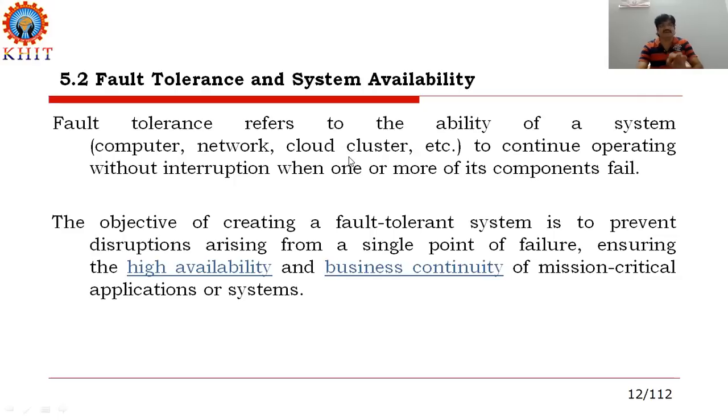If any server machine fails, the entire system does not fail. Why? Because if one server fails, the traffic will divert to another server machine with the help of load balancing. So we can reduce the failure of the system.